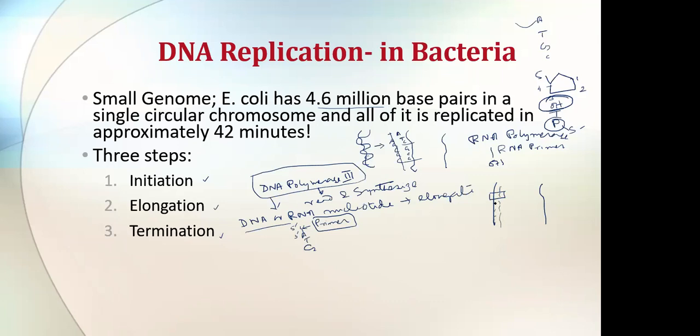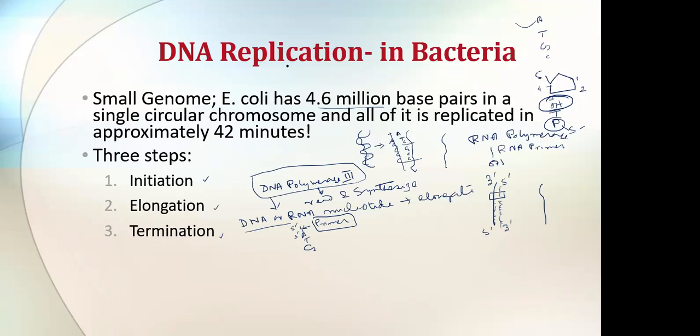It can read all the sequence, and accordingly it collects the complementary base pair over here, and that's how it makes the complementary DNA strand. Okay, it's very simple, but remember the question arises that these two strands are anti-parallel.